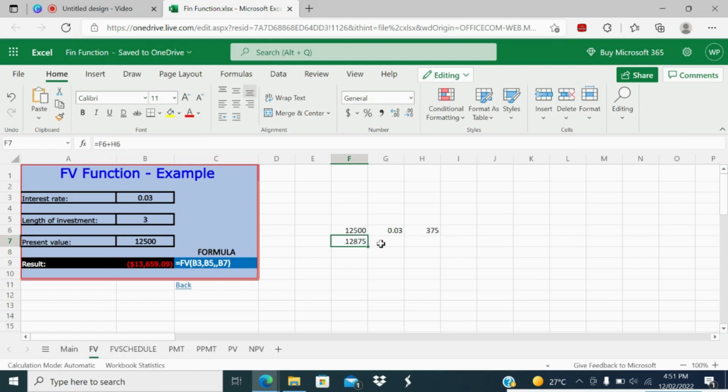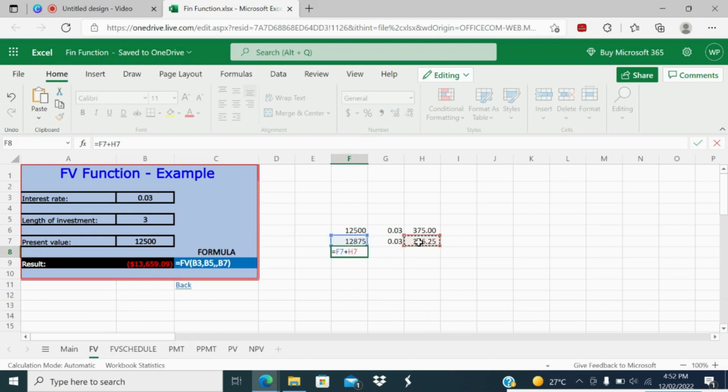I'll copy and paste special so that it will not consider the absolute value. The second year accrued interest is 386.25. Now the third year my present value is this plus the accrued interest.